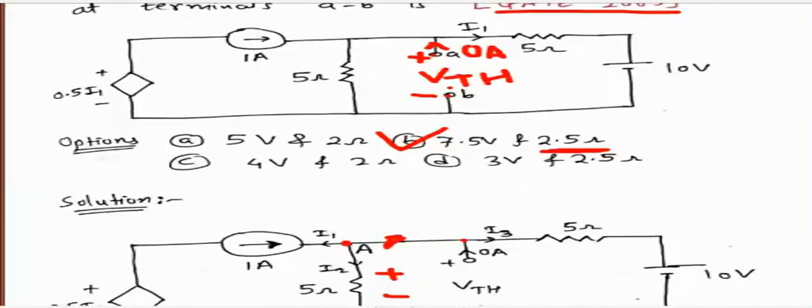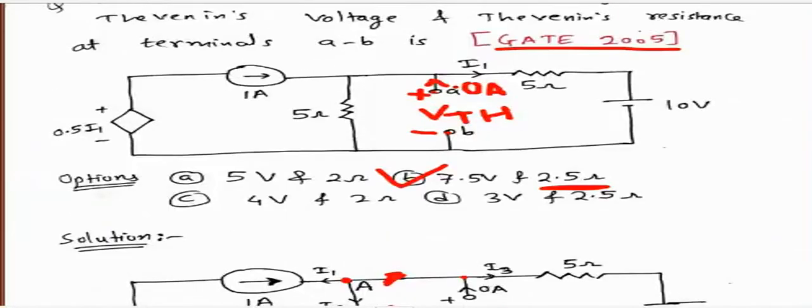Okay. So for finding out RTH, if there are any independent sources present in the circuit, we have to turn them off. Turning off a current source means open circuit and turning off a voltage source means short circuit. So this current source I will replace by open circuit and this voltage source I will replace by short circuit.